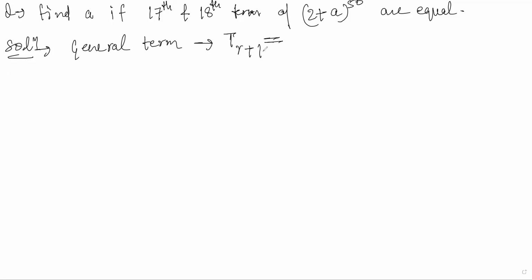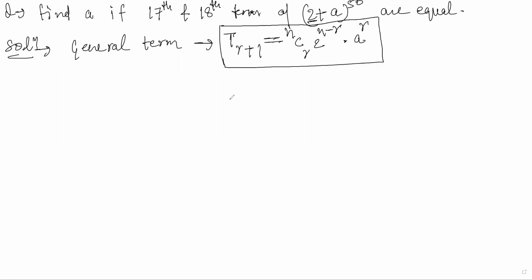So T(r+1) was nCr, first term to the power n minus r, first term is 2, and second term to the power r. This is your general term in this case. It can be written for any expansion. We have already studied the formula for general term and how it was formed.